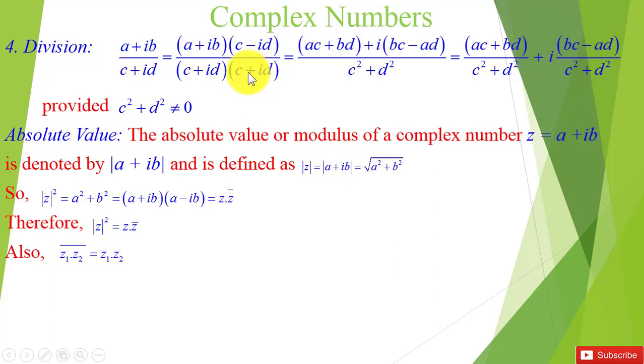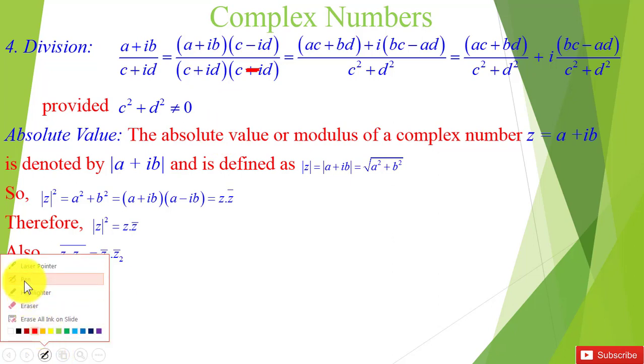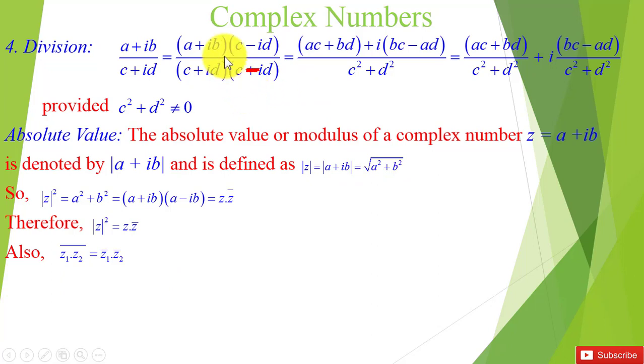This is not c plus id, but it is c minus id. So multiply numerator and denominator by c minus id, that is conjugate of c plus id.